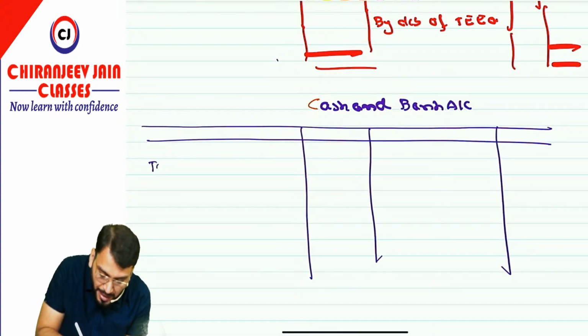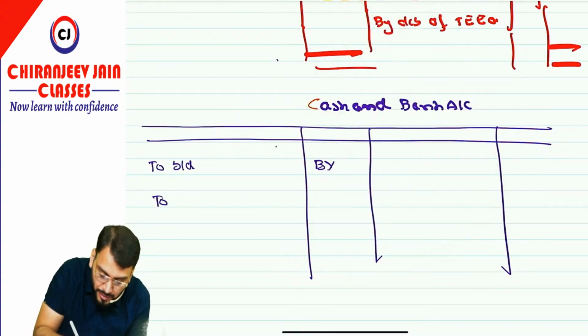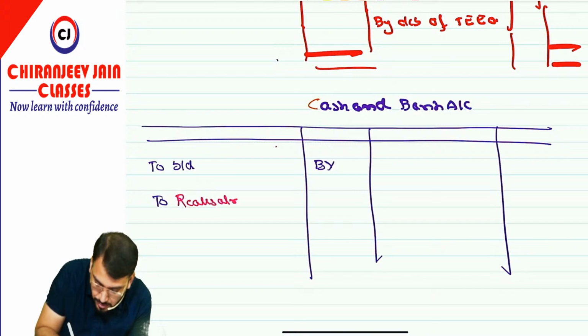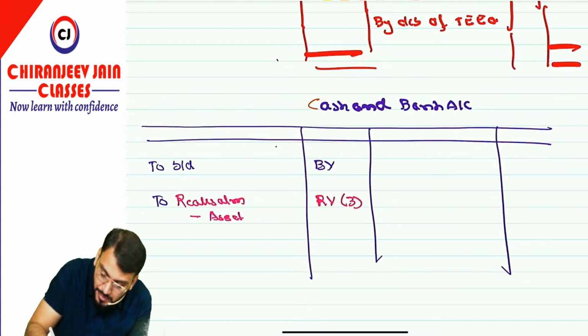So we write down to balance brought down. This will be book value, correct? Then any sale of asset, we write down to realization. Assets not taken over will be sold. This is step number 3. This is realizable value.